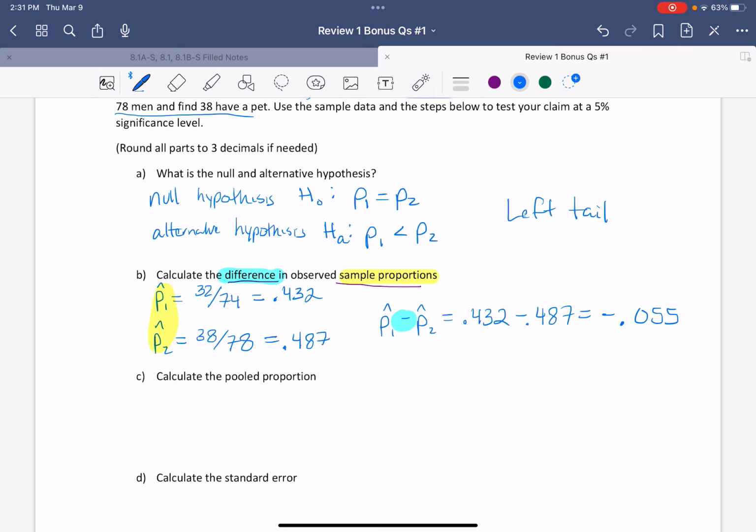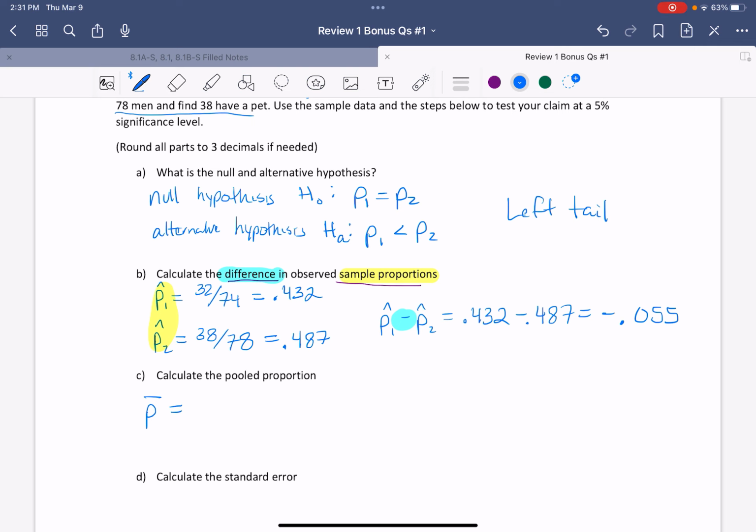Okay, let's next do the pooled proportion. So remember, if you don't have the pooled proportion formula memorized, that's okay. It is on your formula sheet. Oh, and by the way, I'm on the Unit 7 side of the formula sheet. So the pooled proportion equals x sub 1 plus x sub 2 all over n sub 1 plus n sub 2, where the X's represent the number of successes for each population.